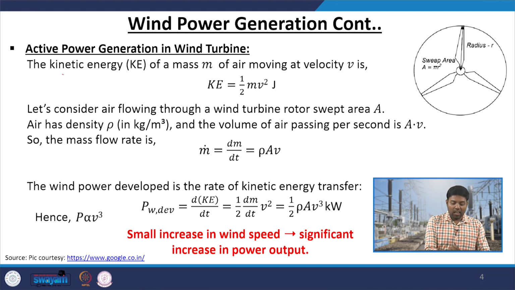First, the kinetic energy of a mass m of air which is blowing at a velocity of v is carrying a kinetic energy of half m v square, that we know.